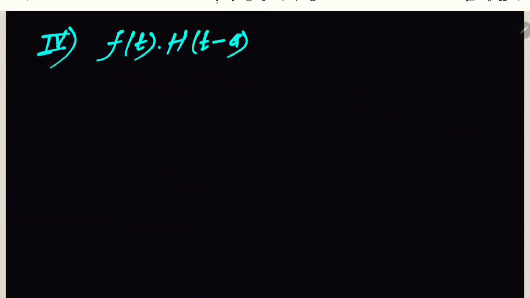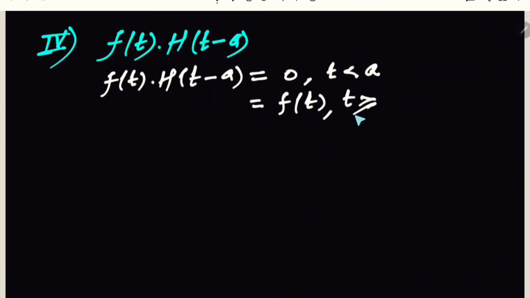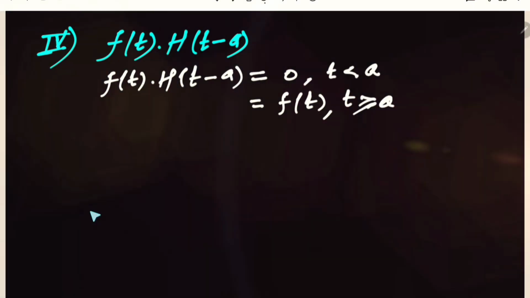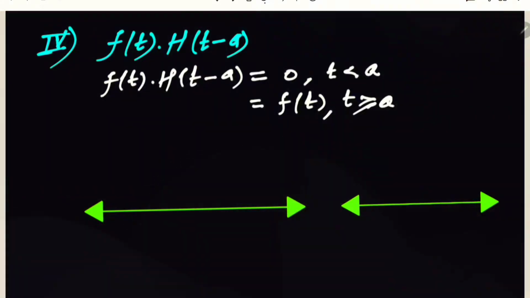And to find the value, we take the help of the definition of h of t minus a. There are two values, 0 and 1. For 0, that product becomes 0 for t less than a, and for another value of h of t minus a, 1 into f of t, we get f of t for t greater than or equal to a.